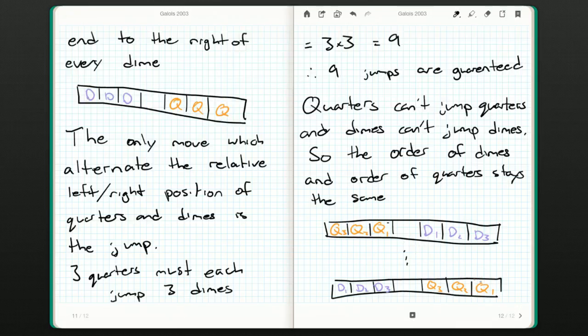He might shift, jump, be jumped, and then shift, something like that. But he's going to move over 1, and then he would move over 2 spots, and then 1 spot. But overall, he's got to move 1, 2, 3, 4 spots. So if we were just playing with shifts, and ignoring the fact that there are dimes in the way, he's got to move over 4 spots. Same with Q2, same with Q3, same with D1, D2, D3. They all have to move exactly 4 spots.